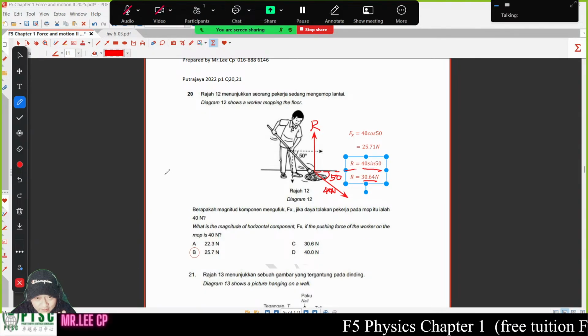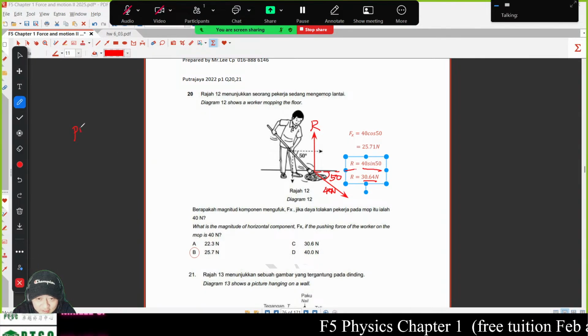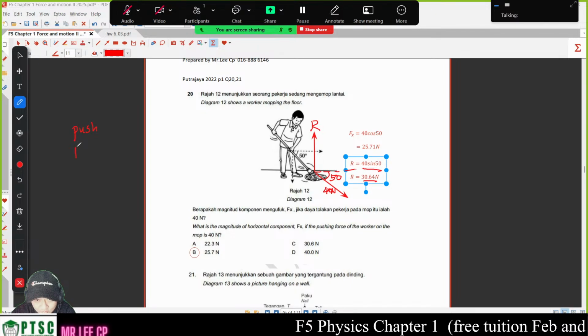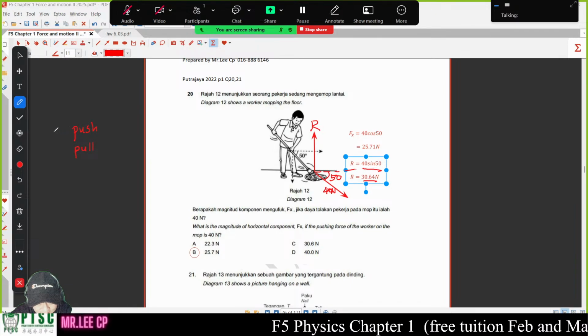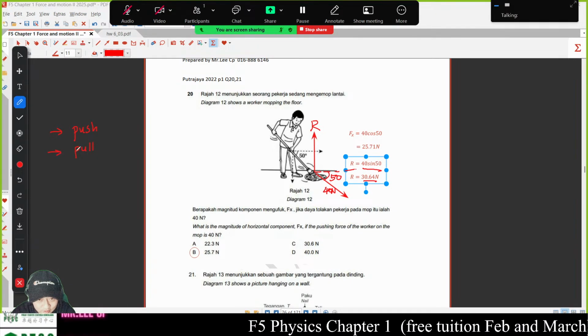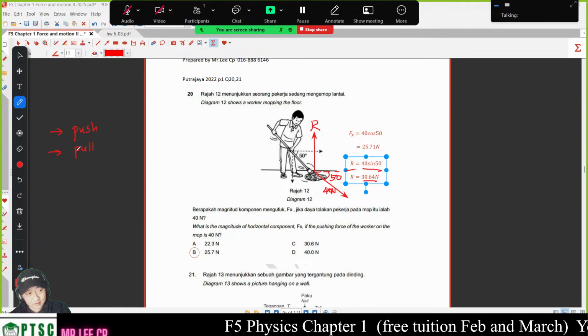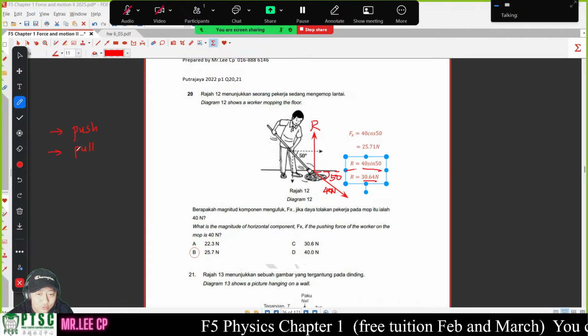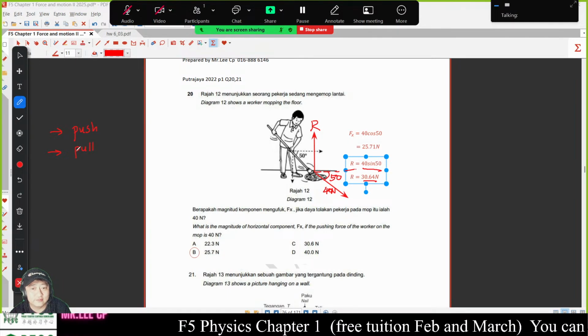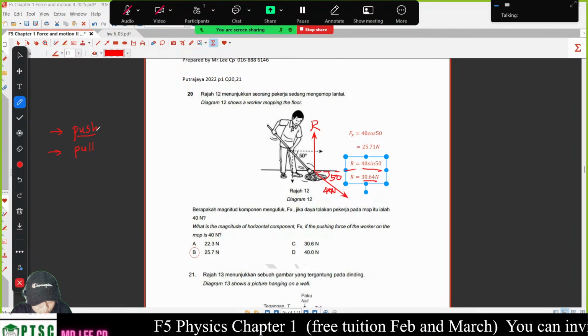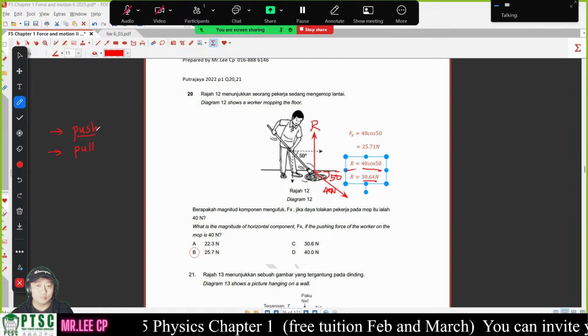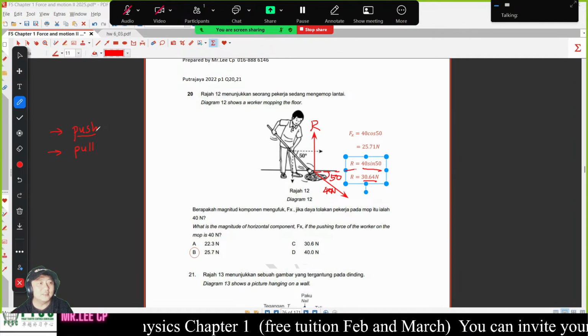You have two ways to do it. One is push. One is pull. So when you're tired, what do you think? Should you push the mop or should you pull? Answer me, I want to see your idea.